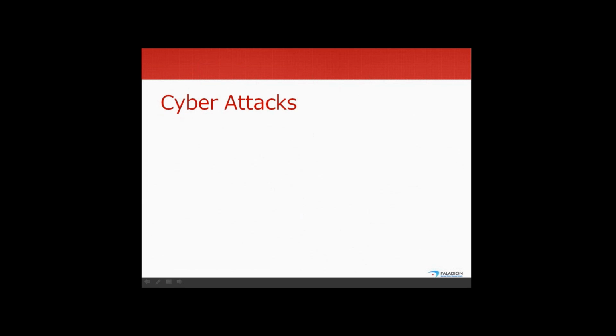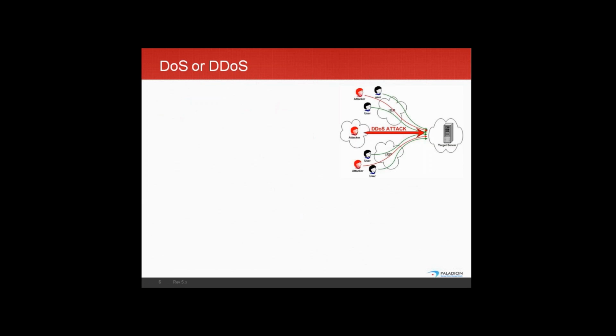Let's look at the DOS or the DDoS attack, for example. It stands for denial of service, which simply means you have a service offering to your customers and the service has been denied to the legitimate customers, and the bandwidth is choked by random or non-legitimate users.